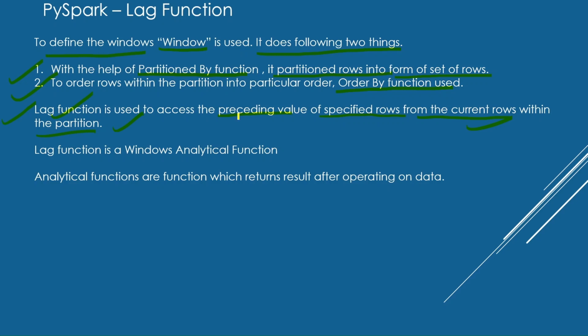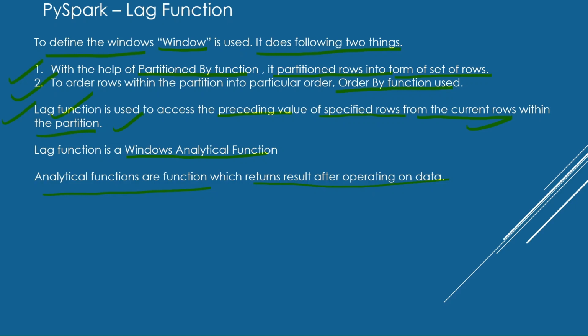For the time being, just remember that the lag function is used to access the preceding values of specified rows from the current row within the partition. And the lag function is a window analytical function, and a window analytical function returns a result after operating on data. So this is the overview of the lag function.